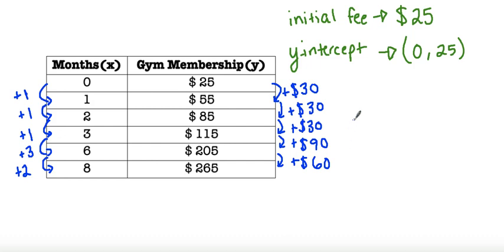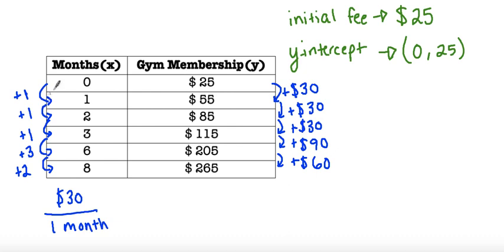Now, by looking at our table, at first, our table increases by 1 month at a time. And when it does increase by 1 month, it increases by $30 each time. And then from 3 to 6, it increases 3 months and it increases $90. So, just representing the first change, it was $30 for 1 month.